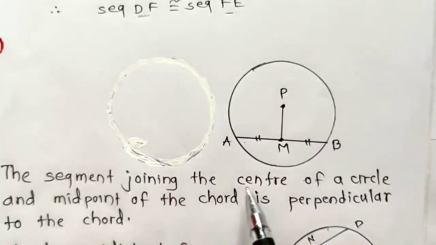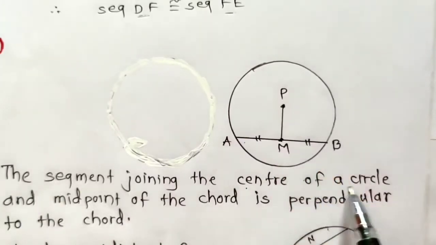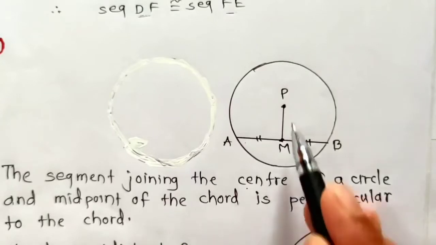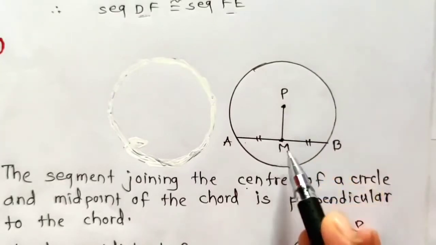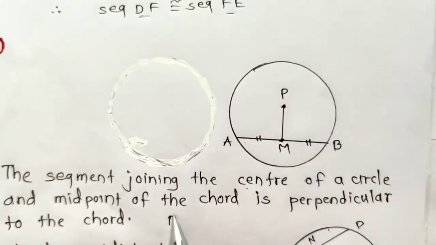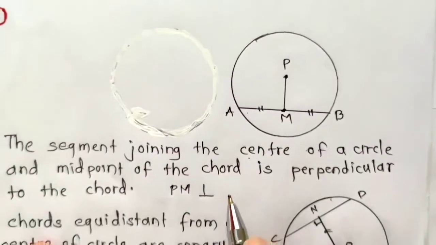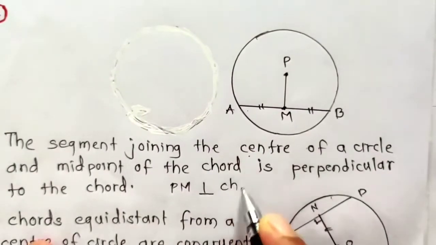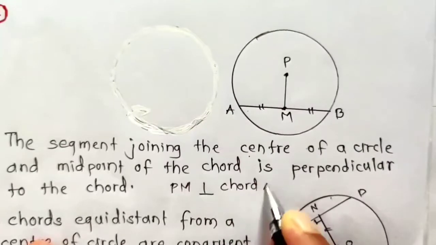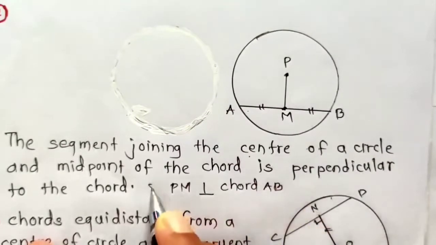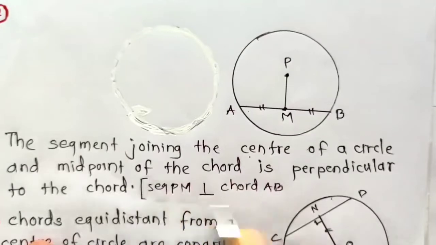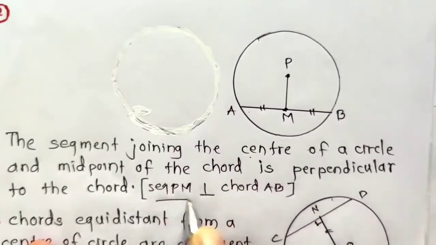So in this figure, segment PM is perpendicular to chord AB by this property.